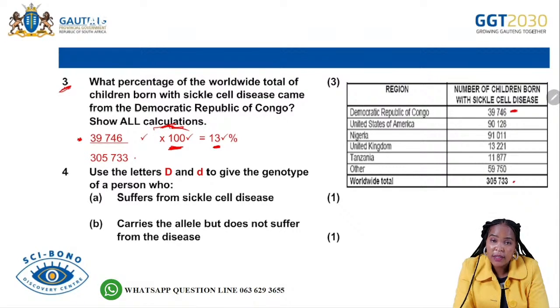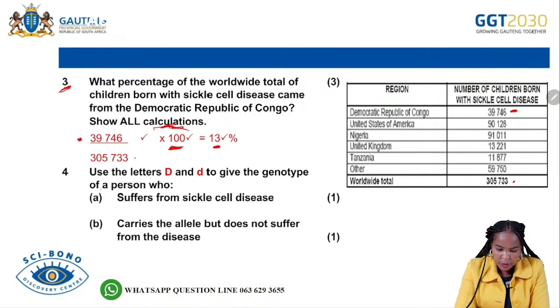Now, let's come to number 4 quickly. Use the capital letter D and small letter d to give the genotype of a person who, A, suffers from sickle cell disease. Now, you need to know, is sickle cell disease caused by a recessive gene or by a dominant gene?